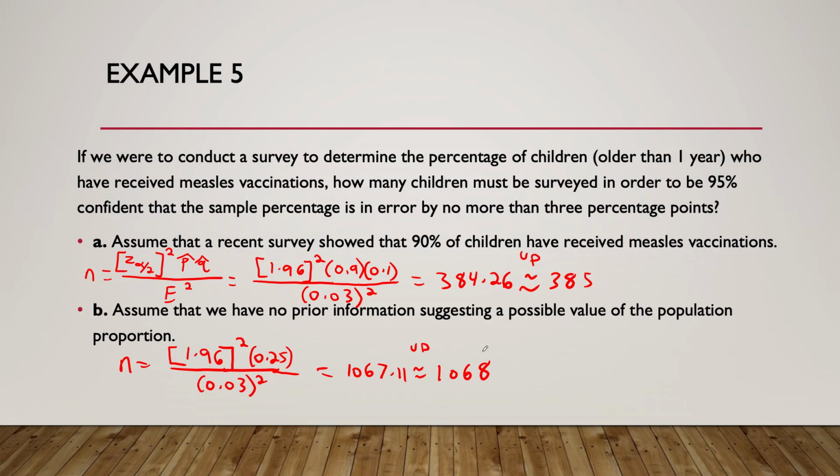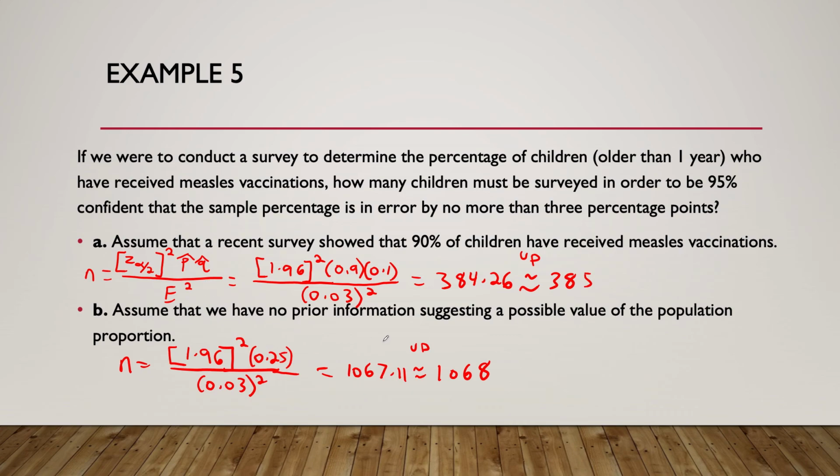Assuming that a recent study showed that 90% of children have received measles vaccinations, we take 1.96 squared times 0.9 times 0.1 divided by 0.03 squared, with 0.9 being p-hat and q being 1 minus 0.9, so 0.1. Toss that into a calculator, you get 384.26. Rounding up, we get 385.